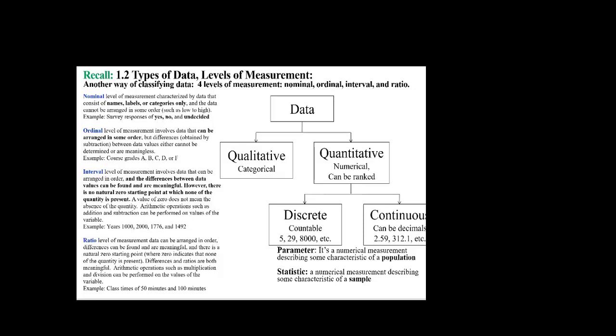There were various levels of measurement that we discussed: nominal, ordinal, interval, and ratio. Also, a very important definition, a parameter, which is a numerical measurement describing a characteristic of a population, versus a statistic, which describes the characteristics of a sample.